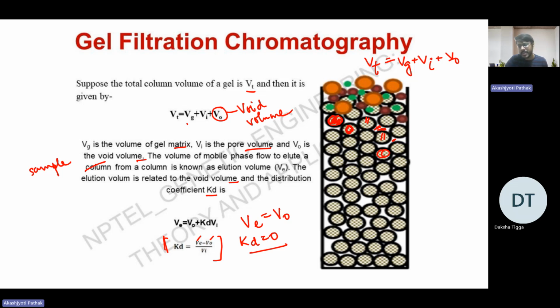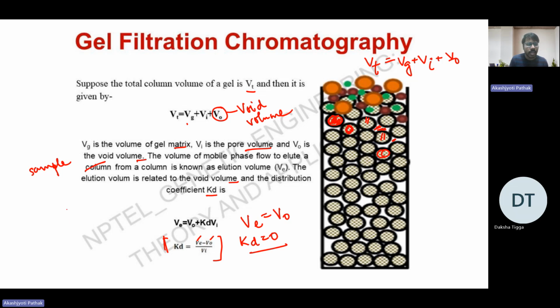When we do size exclusion chromatography, we usually do not collect the protein which is eluted in the void volume, because such molecules are not getting purified. Void volume means the molecule is not moving inside the pores present in the gel bead, so it is eluting as it is. Anything which comes in the void volume is not collected.